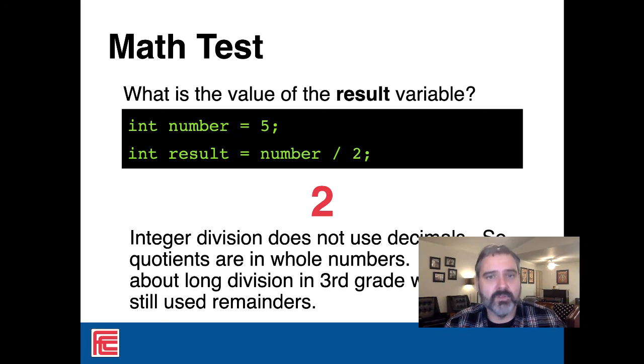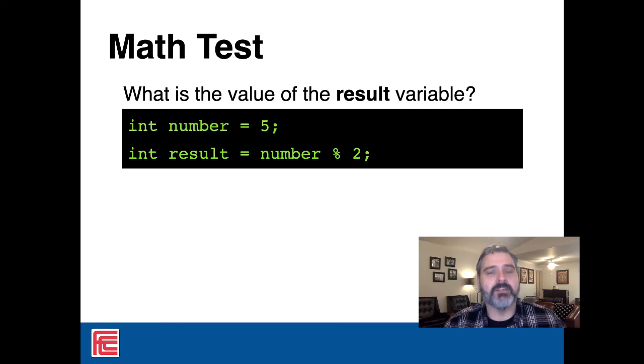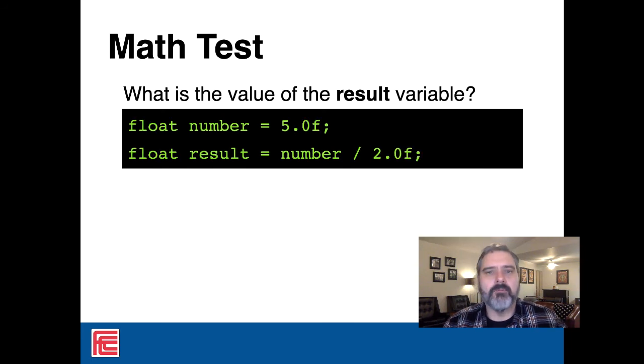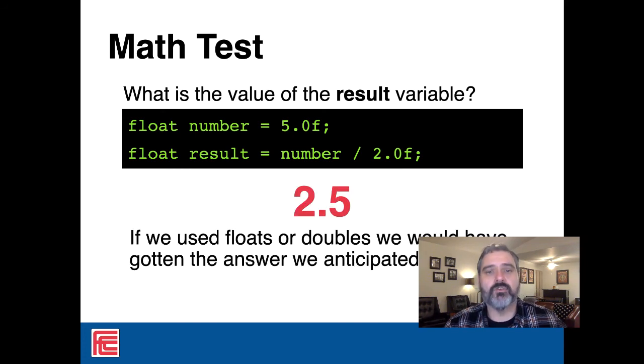It's the simpler kind of division that had remainders to it. That means that 5 mod 2 is 1, right? It is the remainder after you do floor division or integer division. If I have floating point numbers or doubles, anything of floating point type, now this is going to be 2.5. It's exactly what you'd expect it to be.